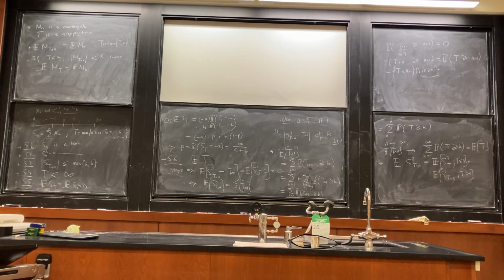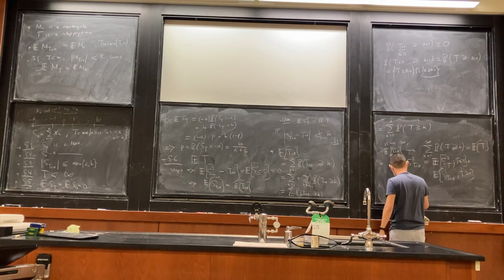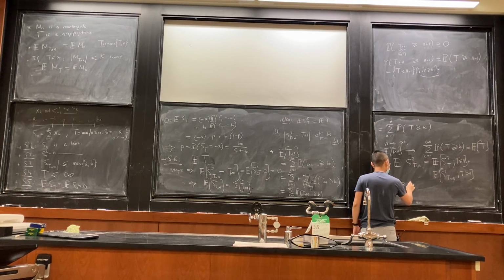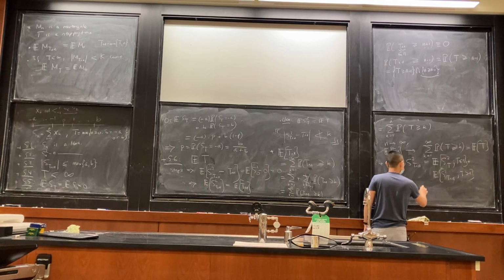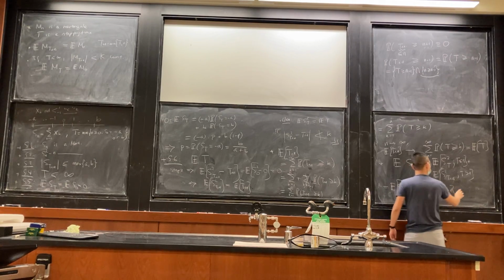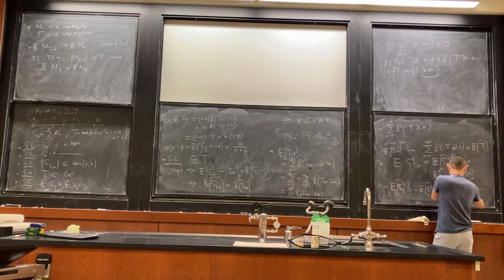Alright? If the T is less than N, then the minimum is T. On the other hand, if T is greater than N, I keep the minimum. And so next, this term here, the first term can be written further as the mean of S_T squared, subtracting the mean of S_T squared with T greater than N, and then add back the second term.